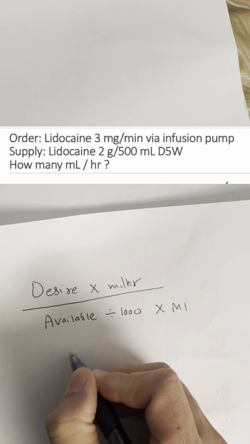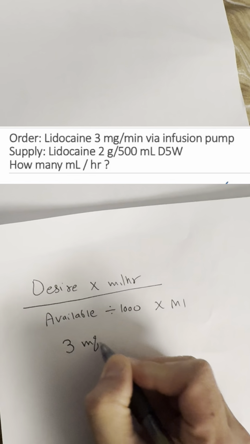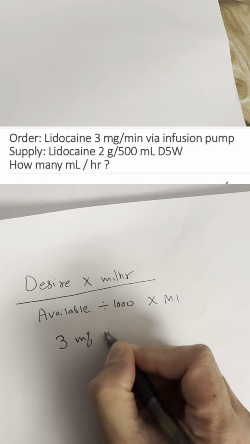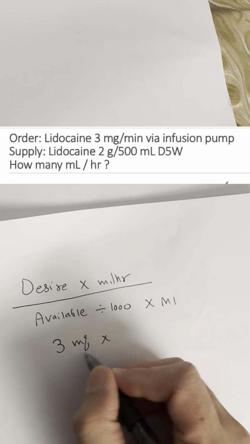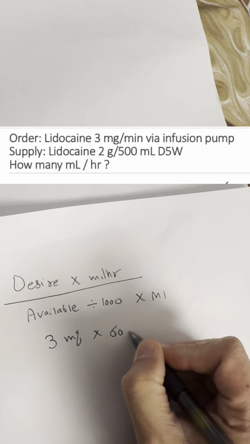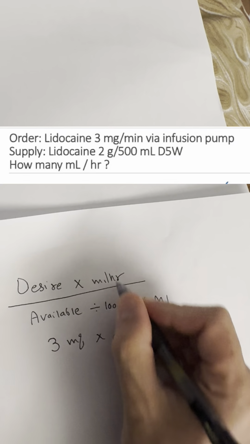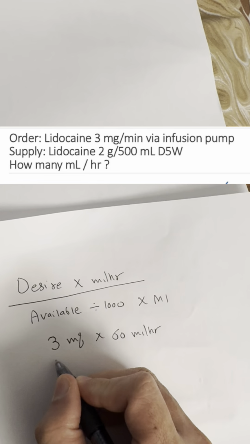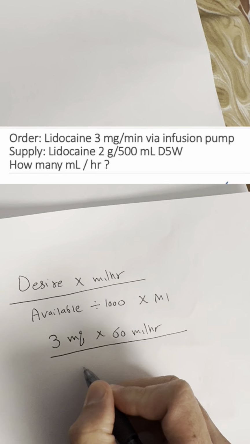So what is the desired dose? The doctor ordered 3 milligram, right? And then multiply by, they're asking how many ml per hour, right? So that means ml per hour means 60 minutes is part of ml per hour, because they're asking how many ml per hour. And then divide by what is the available dose in hand.